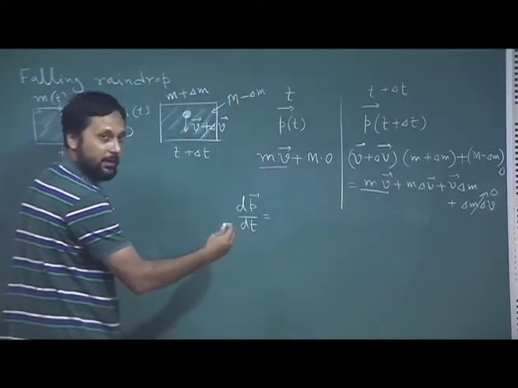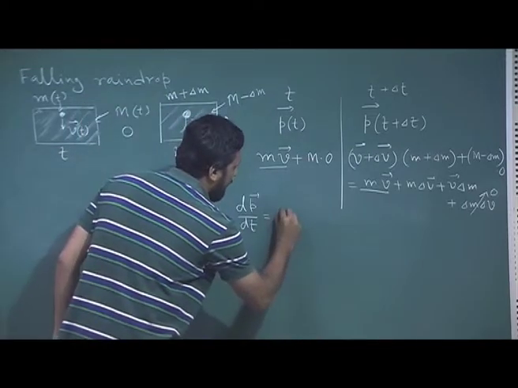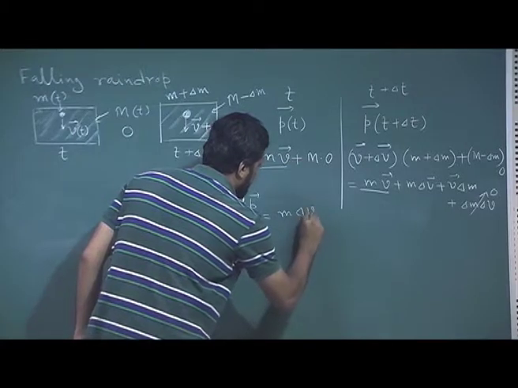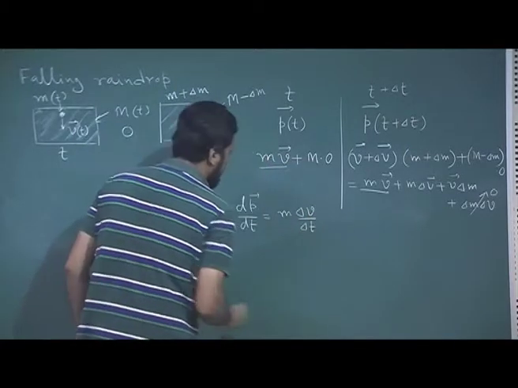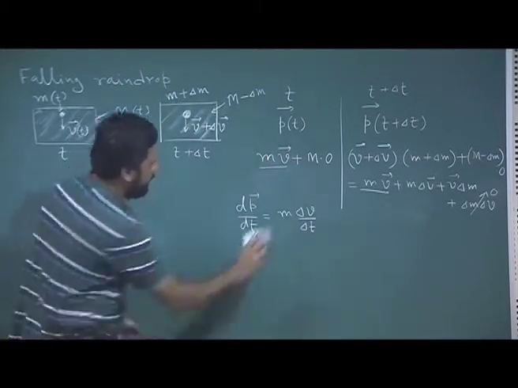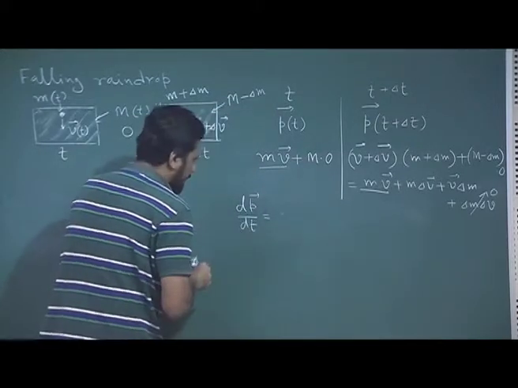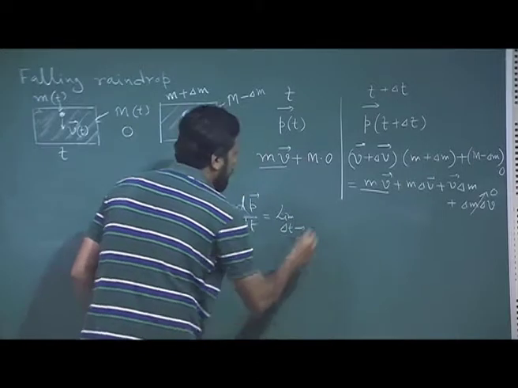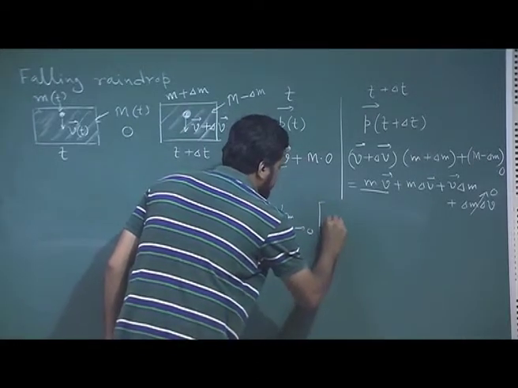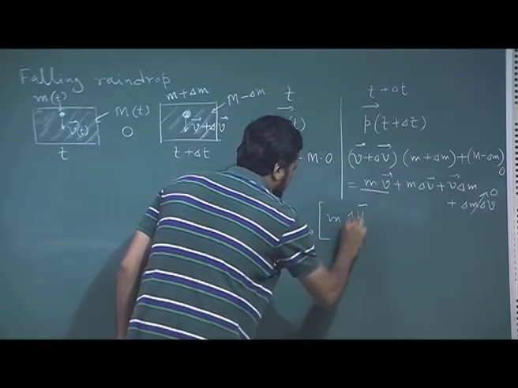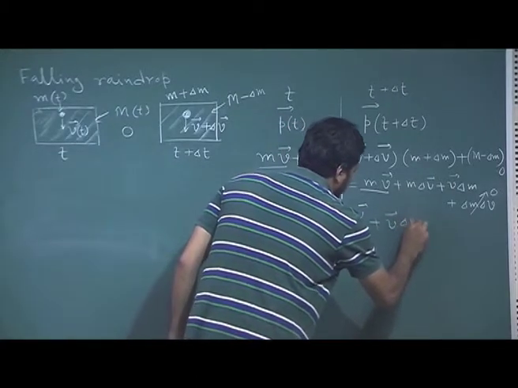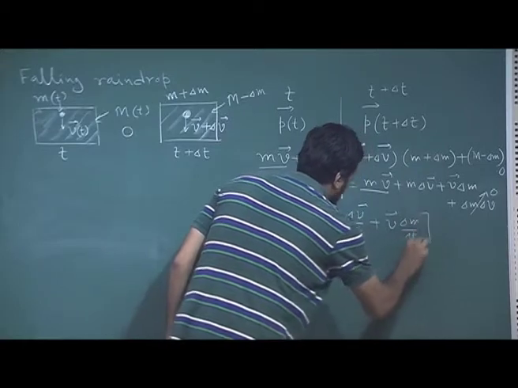So, essentially what we are left with is, in the limit delta t goes to 0, m delta v by delta t plus v delta m by delta t.